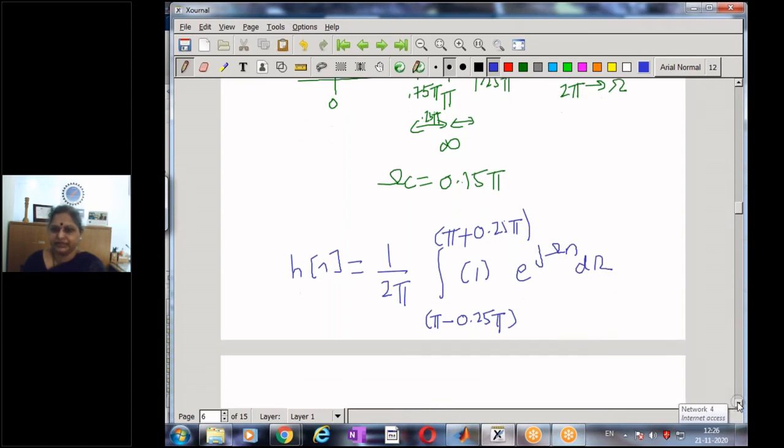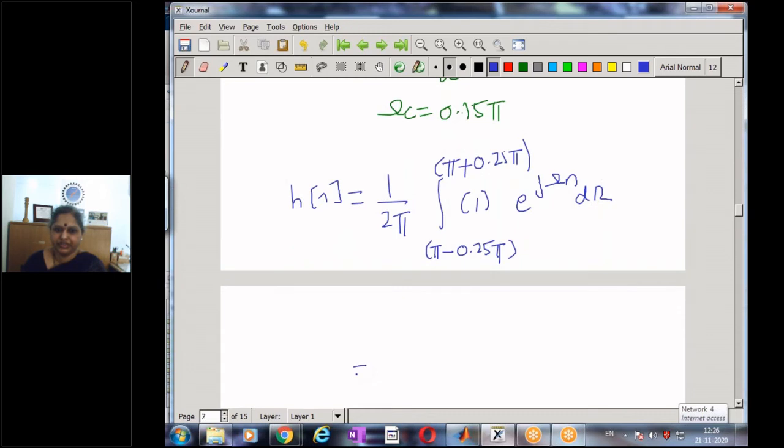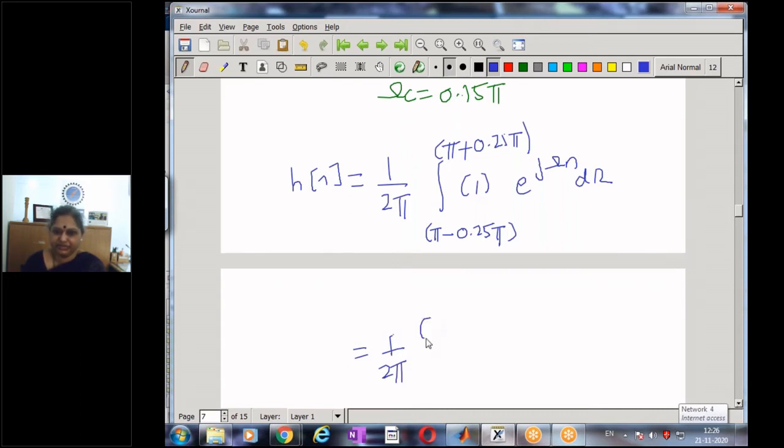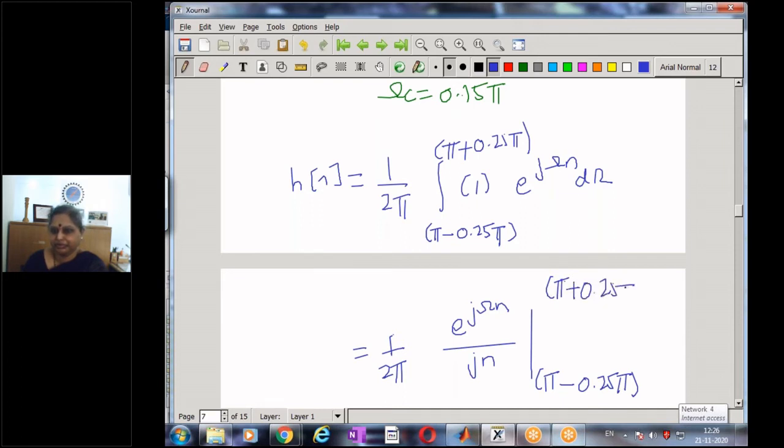Now when I integrate this, I am going to get 1 by 2 pi. In the first module we have done it, so we get it as, okay, let's do a few steps. e to the power of j omega n divided by jn, for pi minus 0.25 pi to pi plus 0.25 pi.